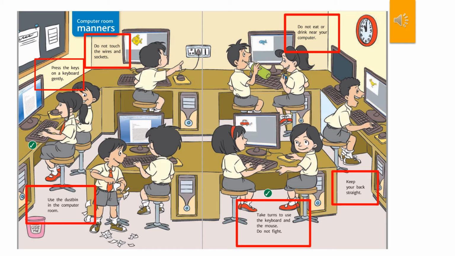We also have to remember to press the keys on a keyboard gently. The better you take care of the parts of the computer, the longer you can use them. So ensure that you take good care of your computer and you follow the computer room manners.